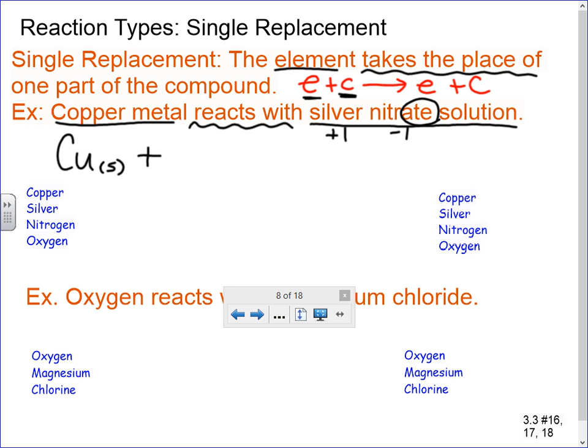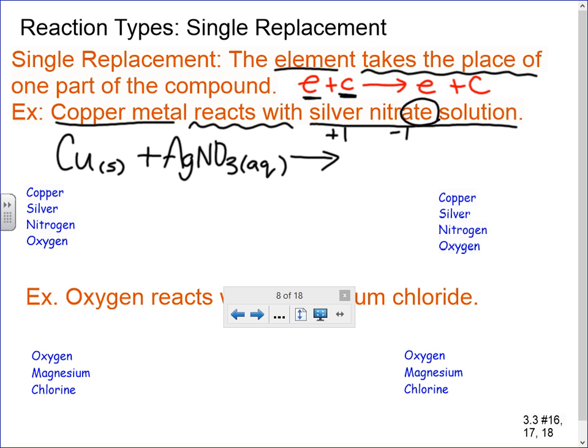Since they both have the same charge but opposite sign, I know that I need one of each of them. So the formula is AgNO3. And since solution is the state, I write AQ. AQ is the state when I've dissolved something in water.